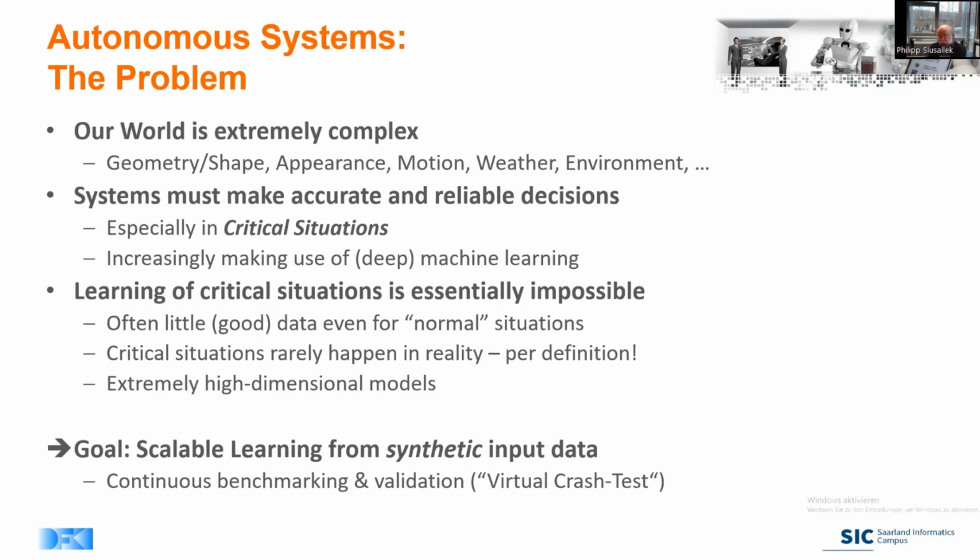Complex environments where many cars, pedestrians, bicycles, and so on are moving fast among each other. And these AI systems must make very reliably accurate decisions despite this extreme complexity. And they need to do that even in very extreme and critical scenarios.